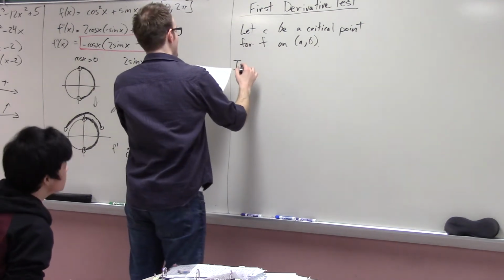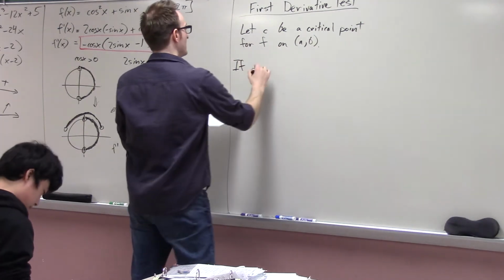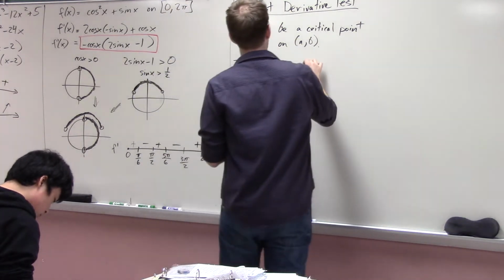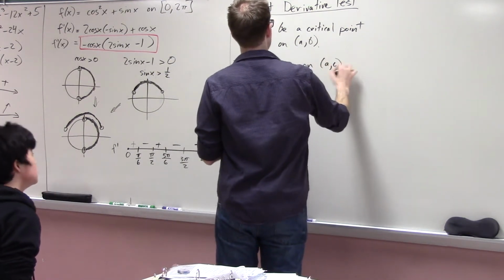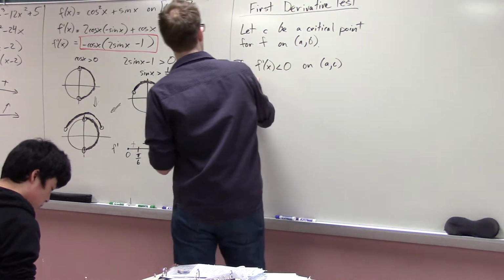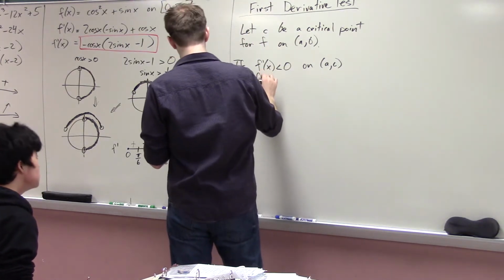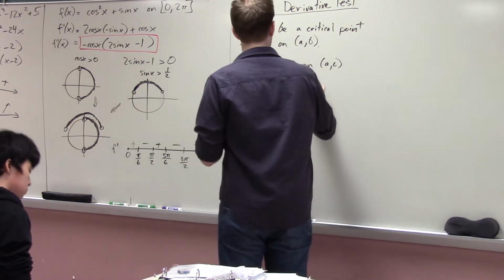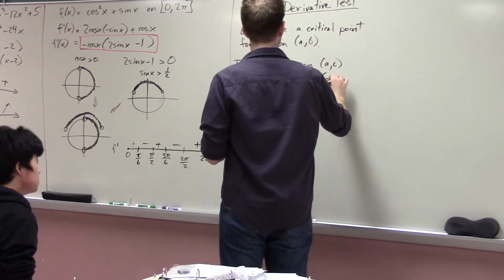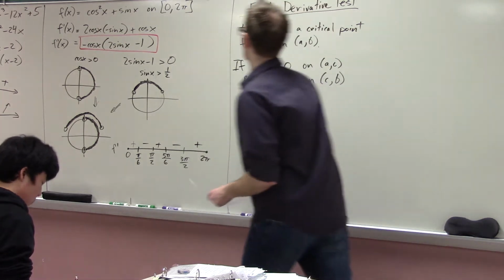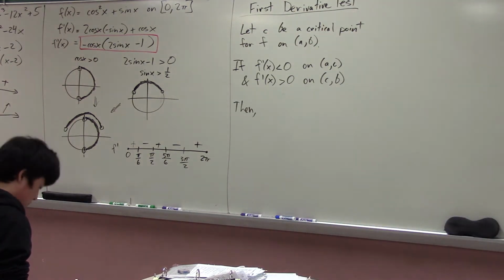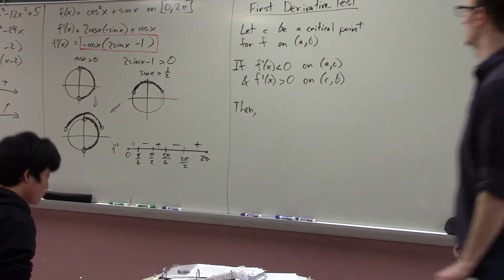It says that if the derivative is negative on some interval AC, and the derivative is positive on some interval CB, then what can I conclude?